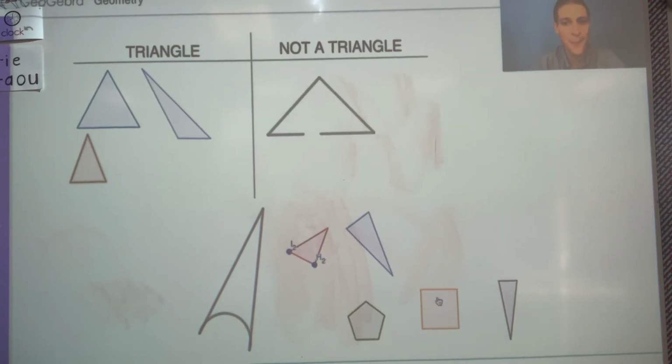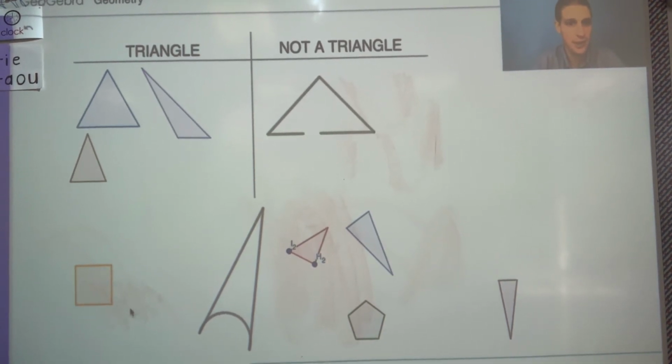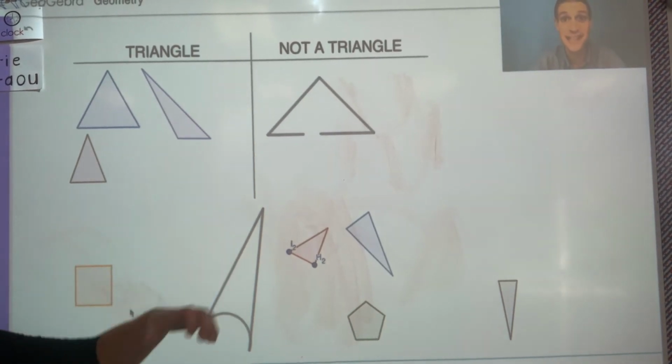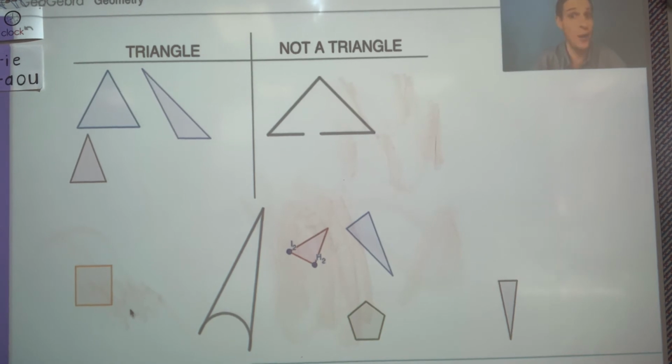Here we go. Let's look at another. How about this orange shape? Is this a triangle? When you tell your friend at home, make sure you use a complete sentence. Say, this is or is not a triangle because, and tell them why. Okay, so now he wants us to use a complete sentence.